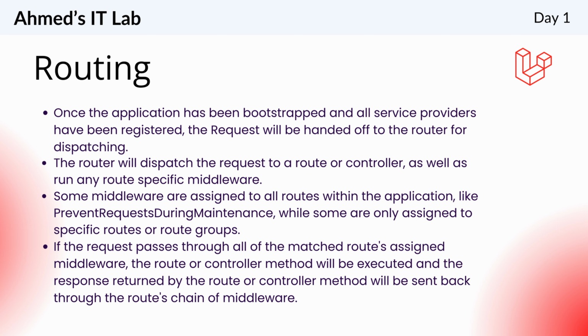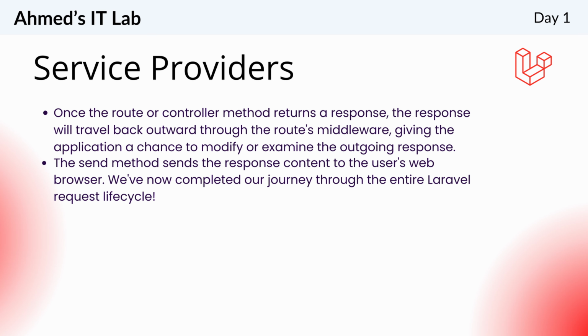If the request passes through all of the matched route's assigned middleware, the route or controller method will be executed. Once the route or controller method returns a response, the response will travel back outward through the route's middleware, giving the application a chance to modify or examine the outgoing response.